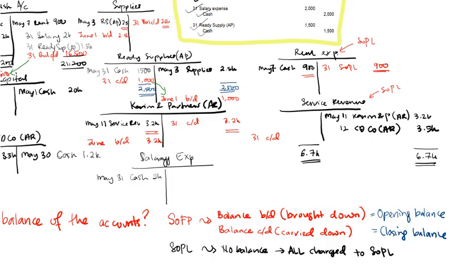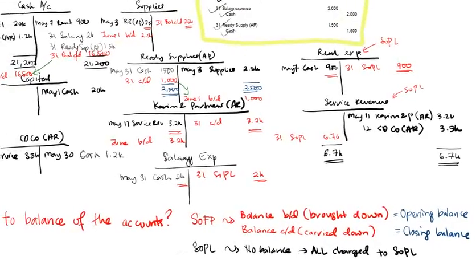That will be the statement of profit or loss because you don't have any balance, and you send the whole amount to your statement of profit or loss. Salary expense, also the same thing. Because it's an expense, there's no balance.